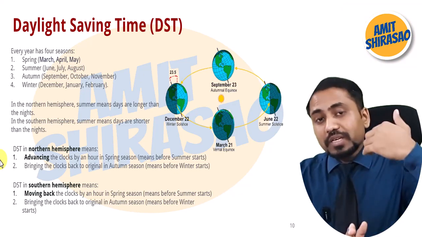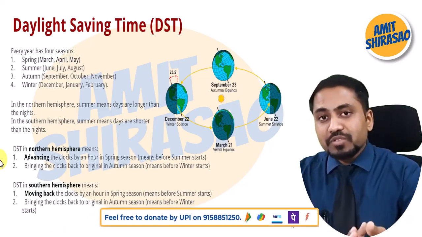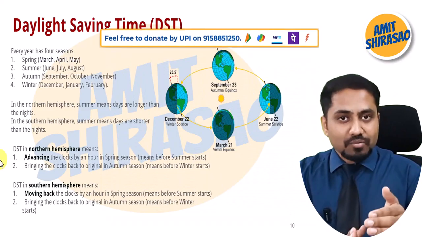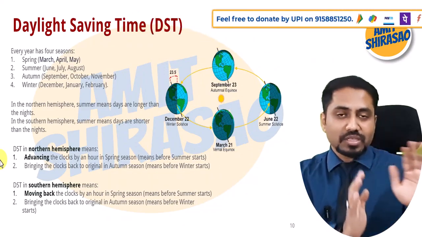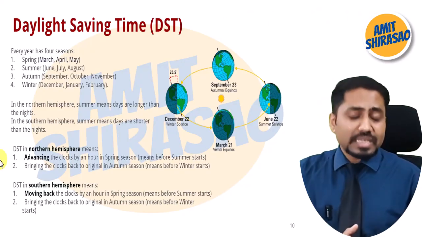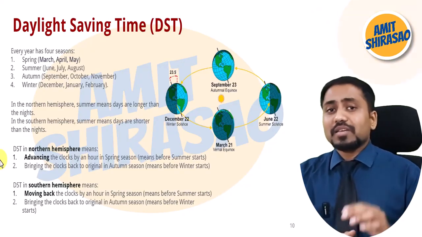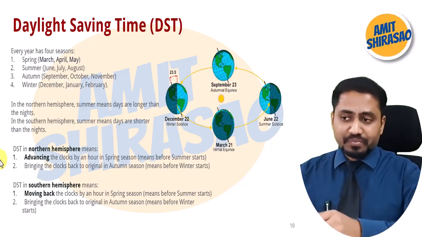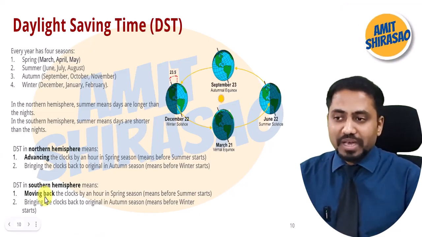So if that English speaking country is in the northern hemisphere, they will increase the time by 1 hour during the daylight saving, that means during the summer. But if the country is from the southern hemisphere, then they will be decreasing the clock by 1 hour. So same thing is given, so moving back the clock.